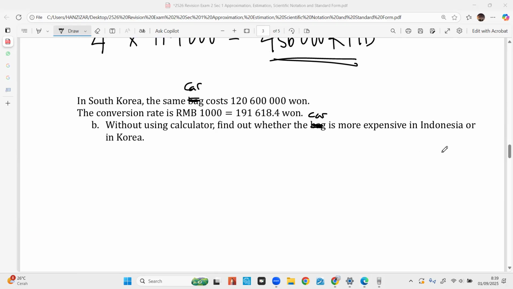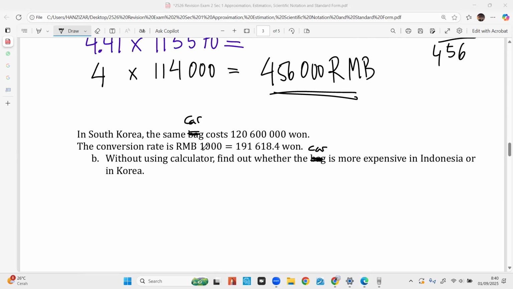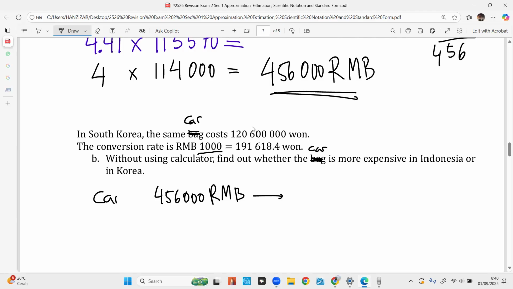In South Korea, the same car costs 120,600,000 won. The conversion rate is this RMB. Okay. So the car costs 456,000 RMB on the estimation, and they want you to convert into how many won, right?